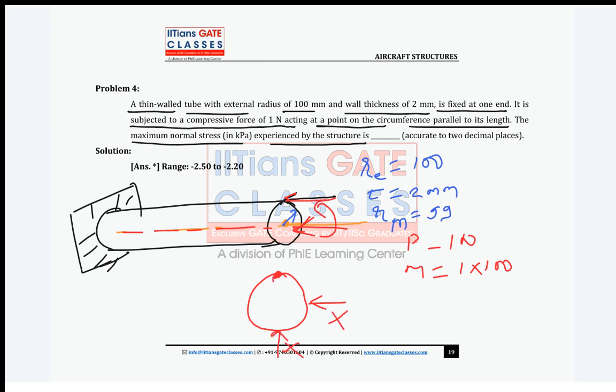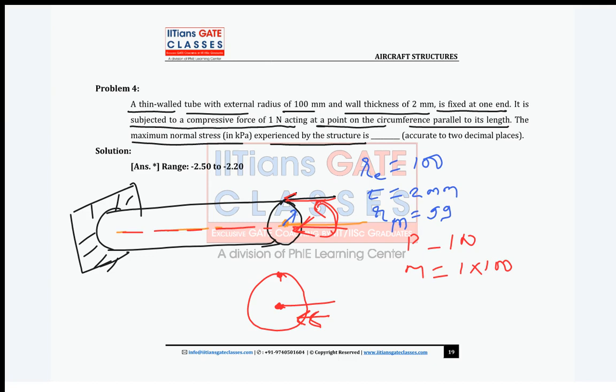So when you shift this load from this point to this point, it will be shifted along with a moment. Like this will be the moment and the load is perpendicular to this. Okay, clear? Everybody, is it clear? Yes or no? These two actions are happening.